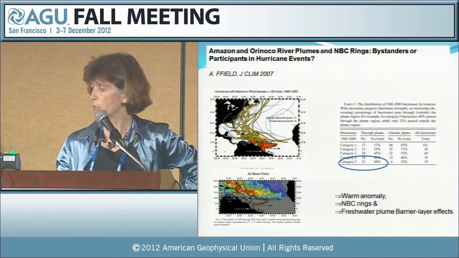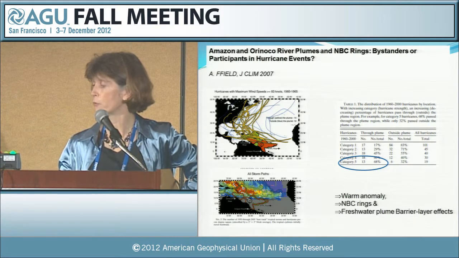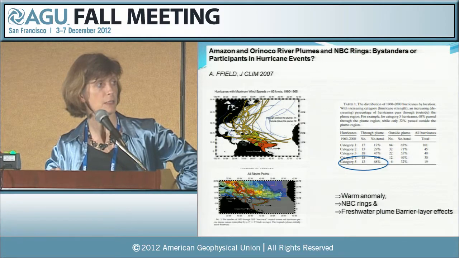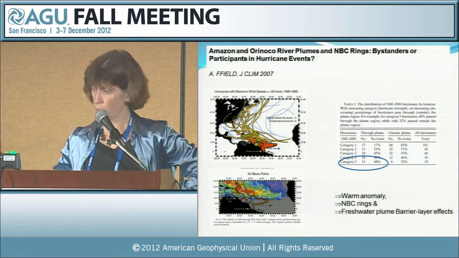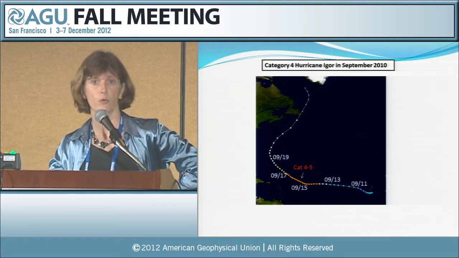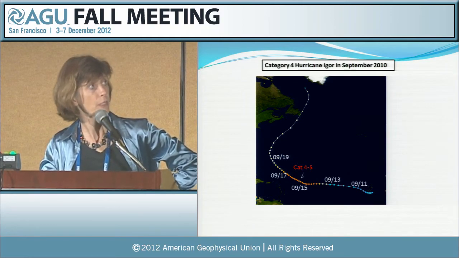In addition, it has been observed that hurricanes passing the Amazon Orinoco plumes are usually of a higher category than hurricanes passing outside the Amazon plume. You can see the difference in statistics here. So the question is whether this plume has a role in the development of the hurricane.